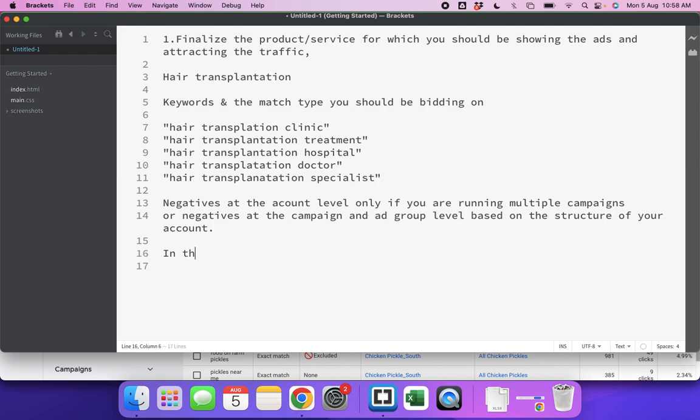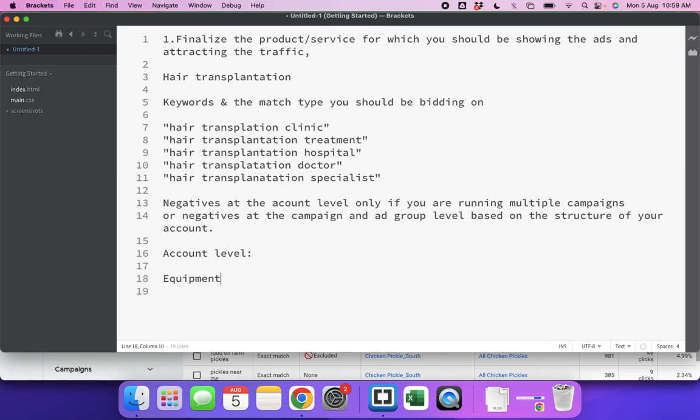Okay, so in this case let's assume we are launching only. Okay, we don't have to assume and all. Okay, let me start with this. So we can add account level negatives. Account level, what can be account level negatives for clinic?